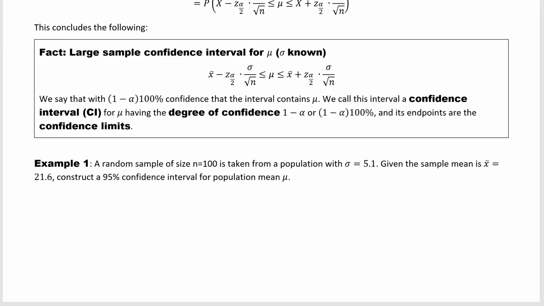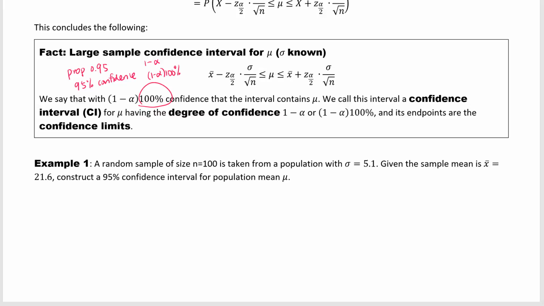Do you have a question like why do we put 100% confidence there? Remember, usually we say with probability 0.95, and then we say 95% confidence. So if we use probability 1 minus alpha, then how much confidence is it? It's 1 minus alpha. So 1 minus alpha is like 0.95. You're going to multiply by 100%, so it becomes 95%.